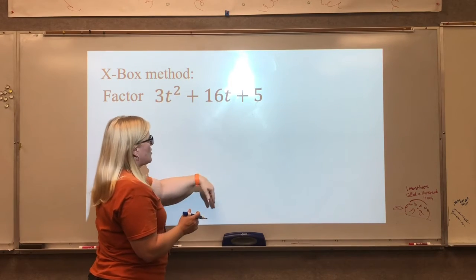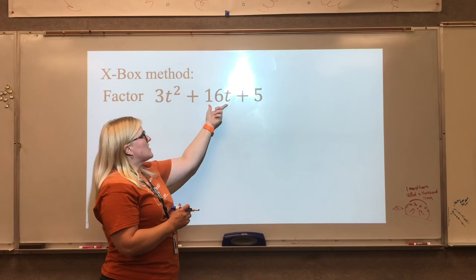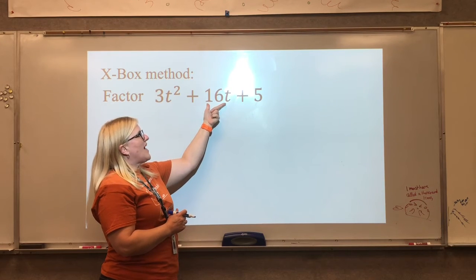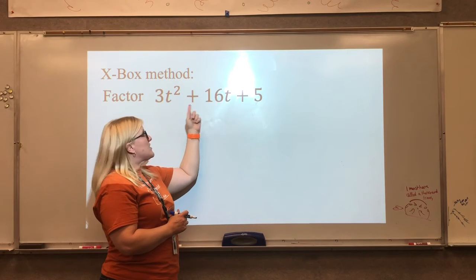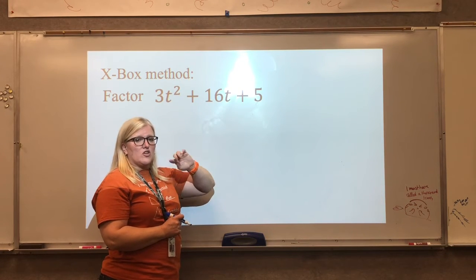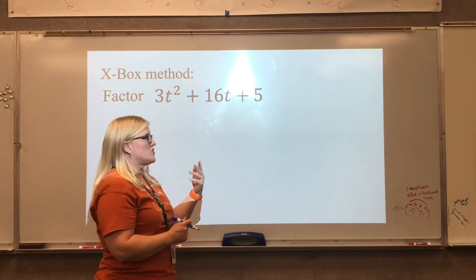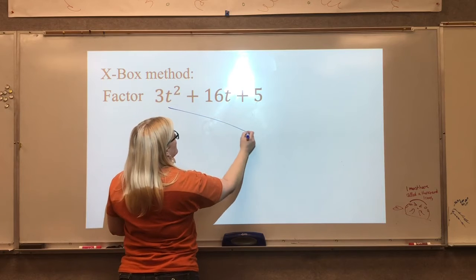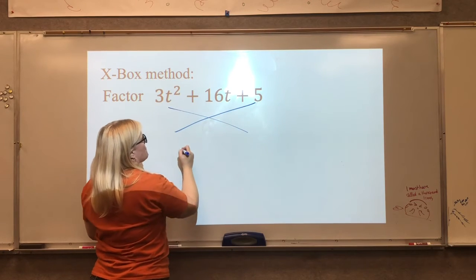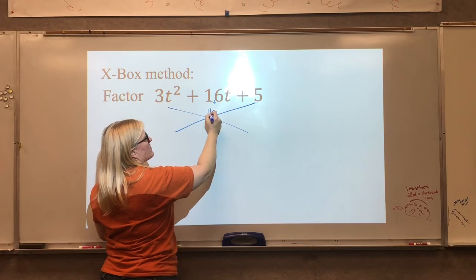All right, so the whole point of the X method is to find 2 numbers that add up to 16t. And we turn this trinomial into a polynomial with 4 terms. So I'll show you how you do that right now. Okay, so I draw myself an X. And what I'm going to do is I'm going to drop down this 16 right here.